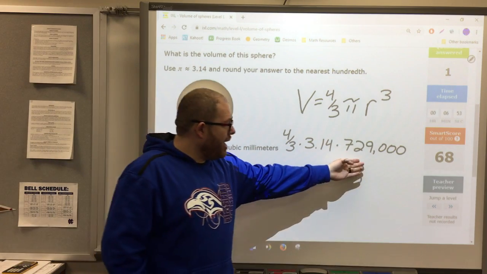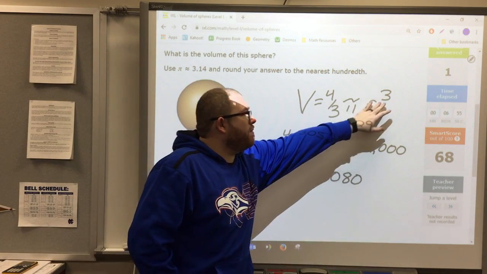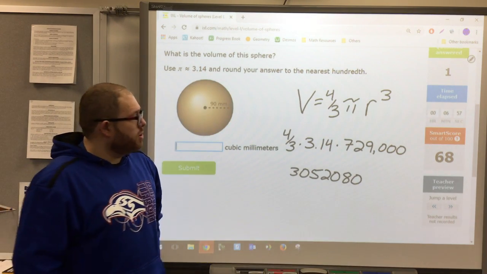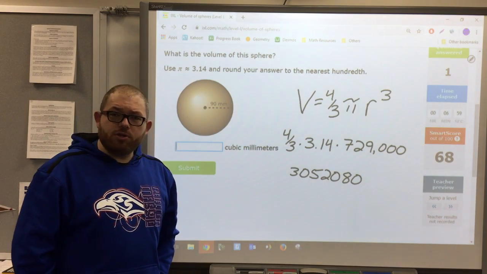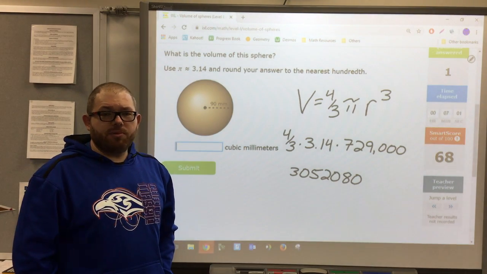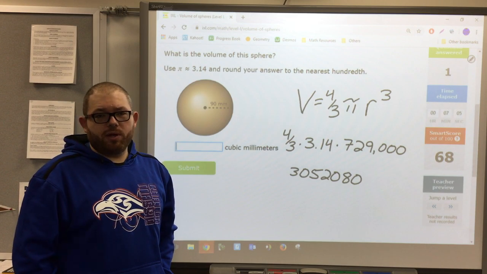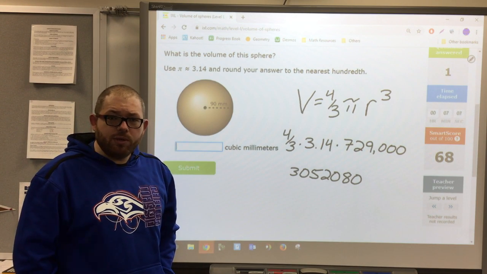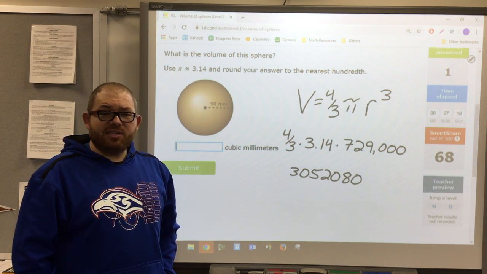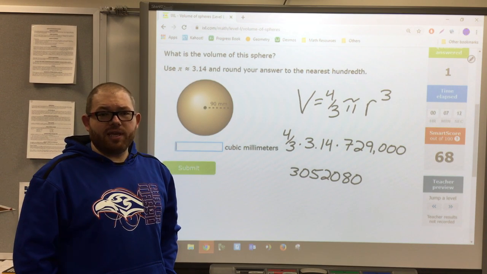Then you would plug it in, and you would want to be very careful with the cube. So guys, you got to be able to use your calculator, or this is going to be a tricky one. Rounding is probably more important on this one than either of the other two. Take your time. This is it, the final skill for the year.